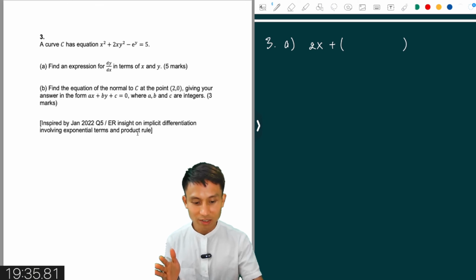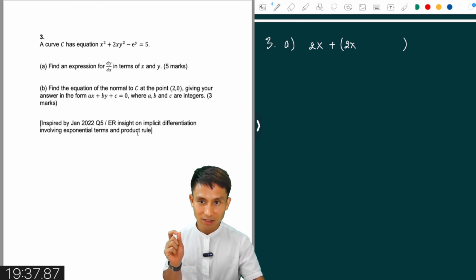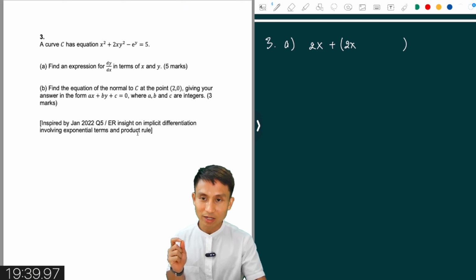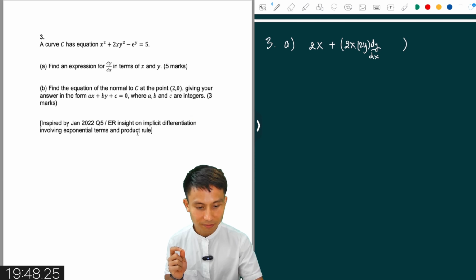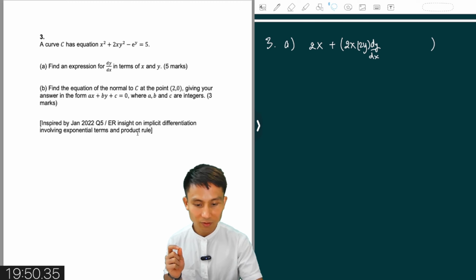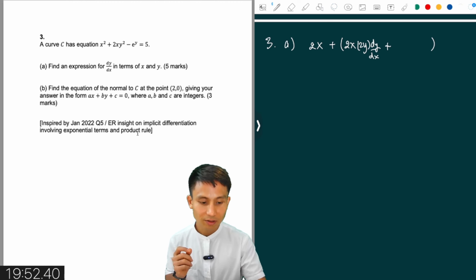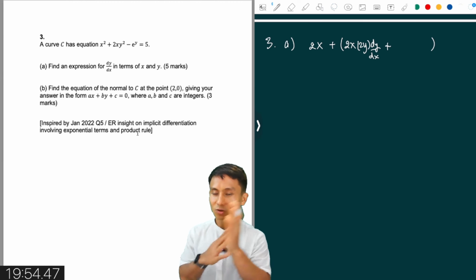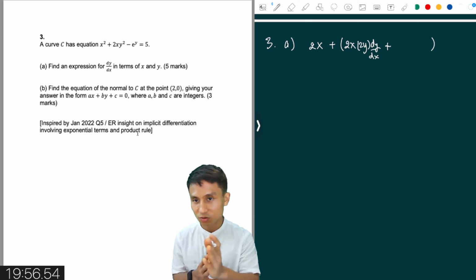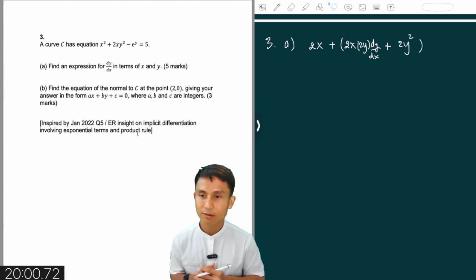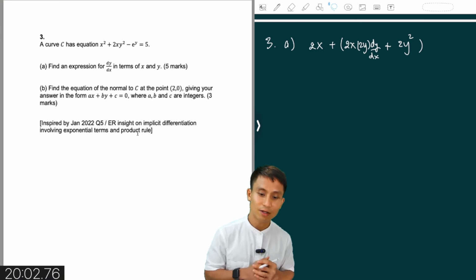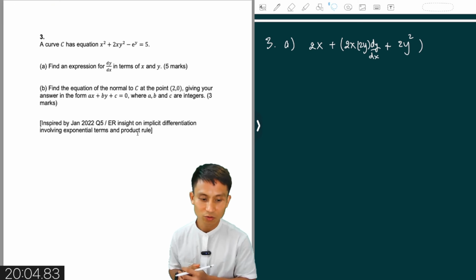So u is 2x, and dv is differentiating y squared, so we get 2y dy by dx. This is u dv. And then v du: v is y squared, and differentiating 2x gives du as 2, so it's just 2y squared.